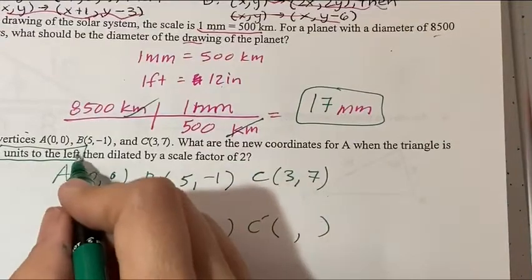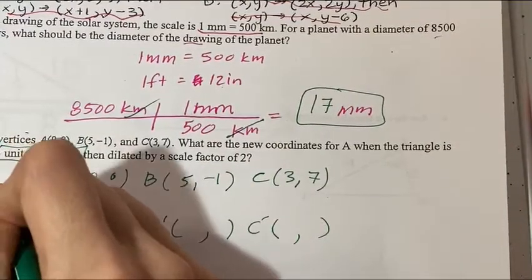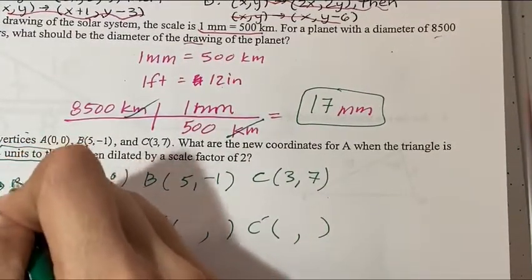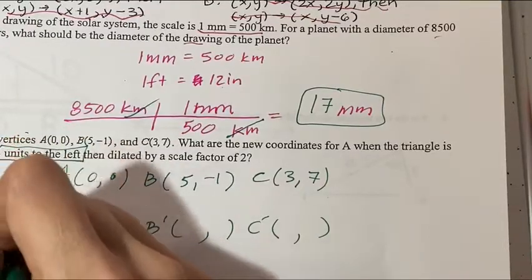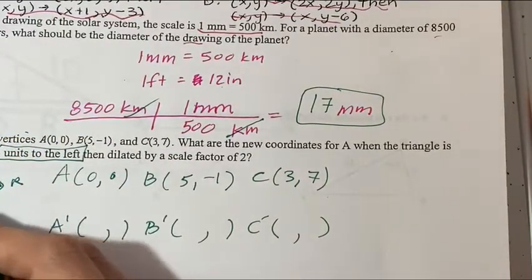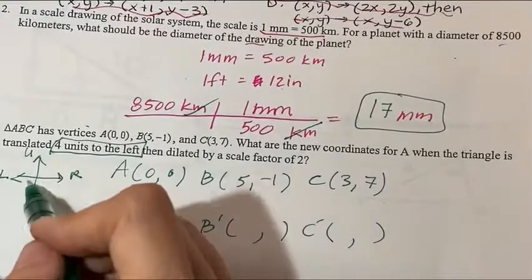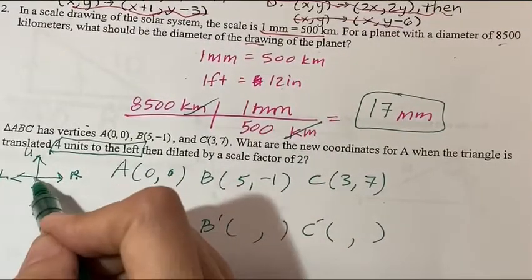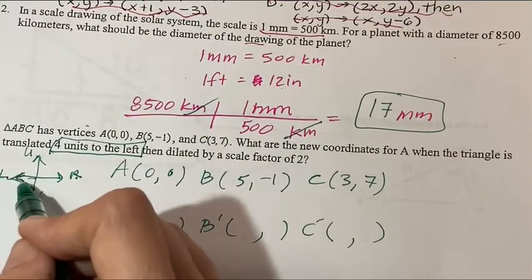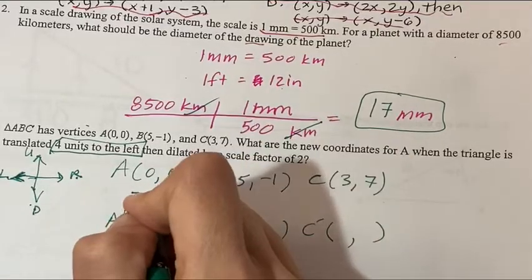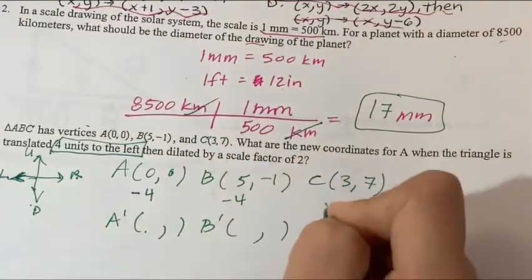If I think about my coordinate plane, I can go to the right or to the left, up or down. When I go to the left, I go in the x direction, negative. So I'm going to subtract 4 from all the x values.